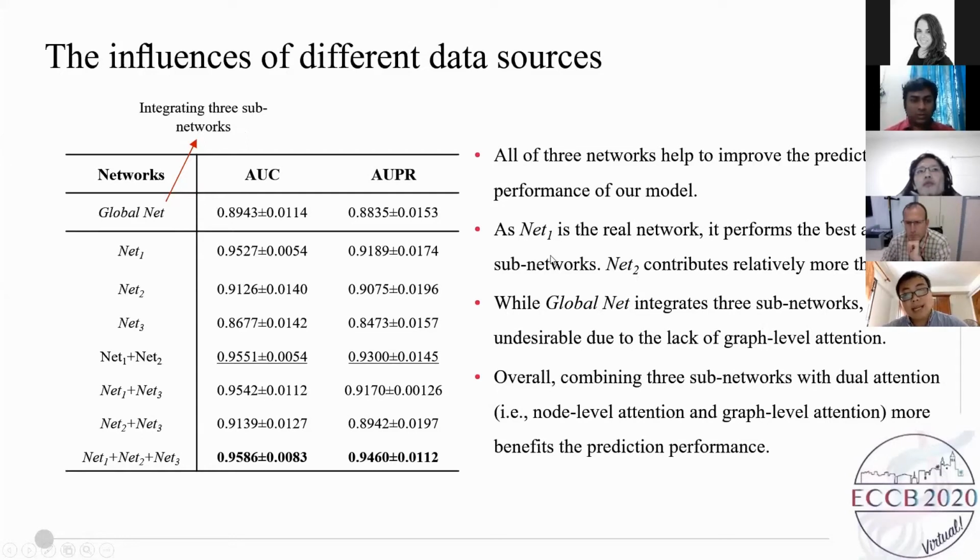As net 1 is a real network, it performs the best among the 3 sub-networks. Net 2 contributes relatively more than net 3. While GraphNet integrates the 3 sub-networks, its performance is undesirable due to the lack of graph-level attention. Overall, combining the 3 sub-networks with attention benefits the prediction performance more.